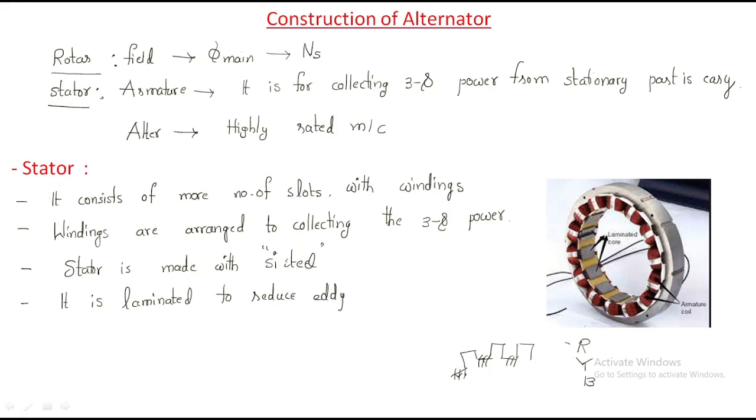What are eddy current losses? Eddy current losses are generated due to the conductive nature of the core. So this is about the slots. This is the yoke. These are the slots. This is about the stator of the alternator.